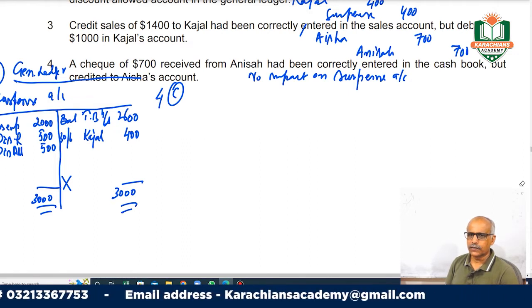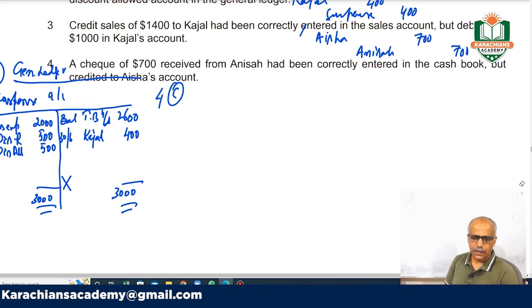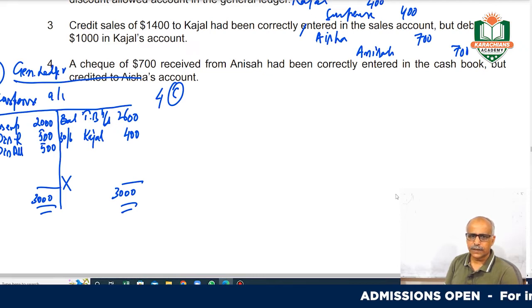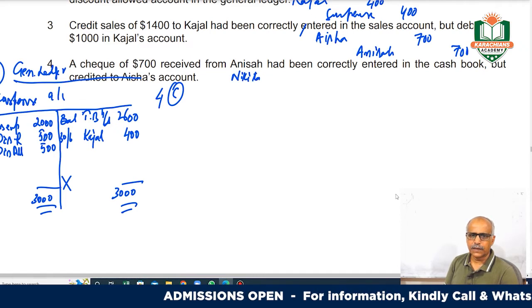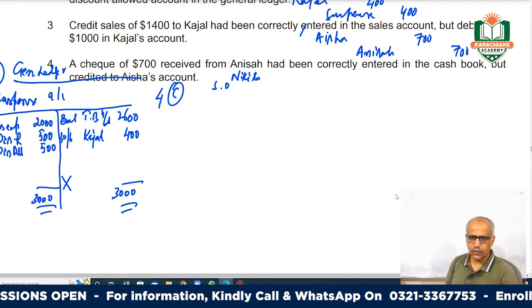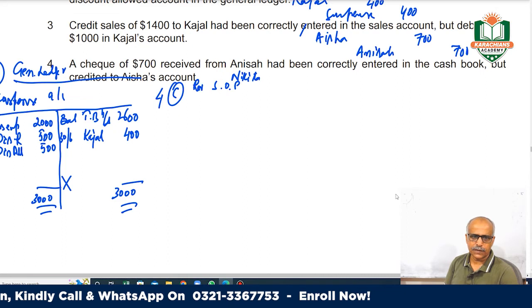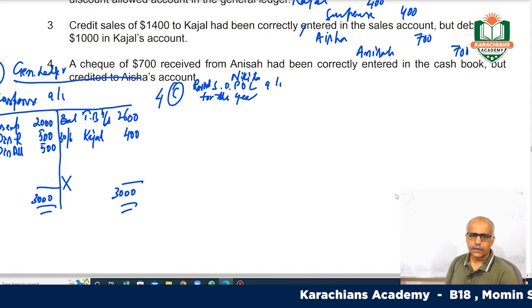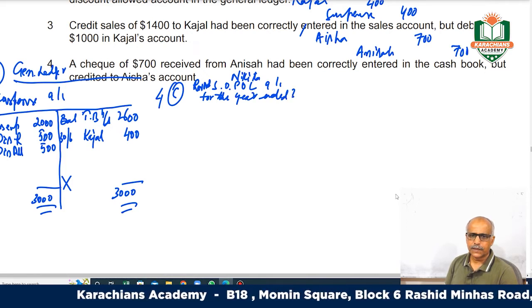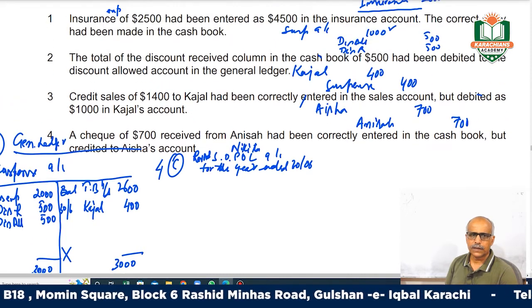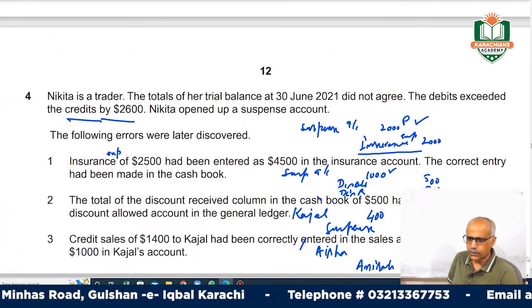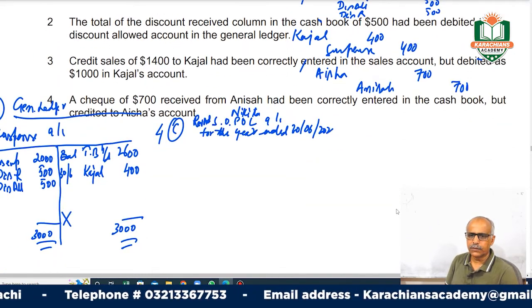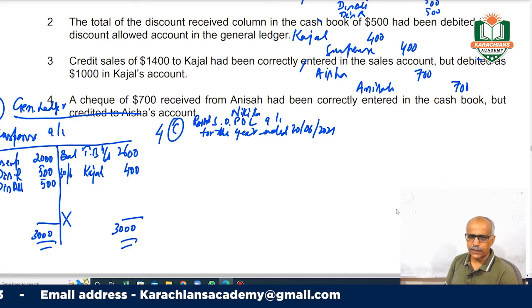It is Nikita's revised statement of profit or loss for the year ended 30th of June 2021. How do you have to do it?